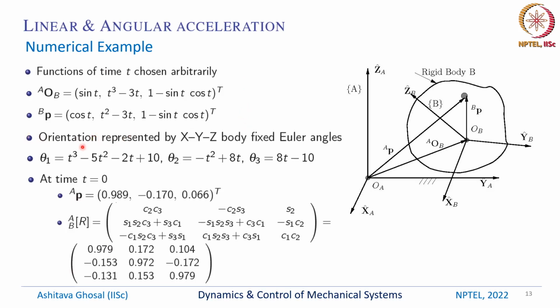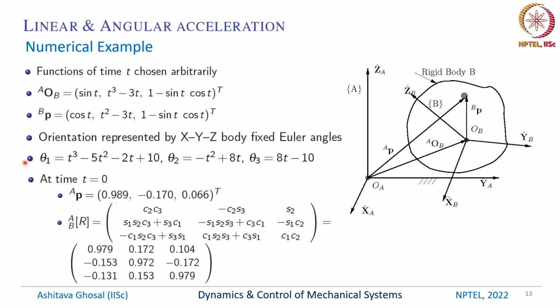We are also going to represent the orientation of this rotating rigid body using x, y, z body fixed Euler angles. Okay, so we have a rotation about x given by theta 1 as a function of time, rotation of theta 2 about moving y, and rotation about the moved z, which is 8t minus 10.